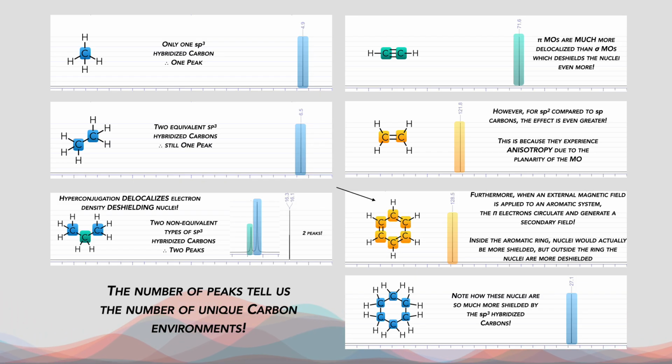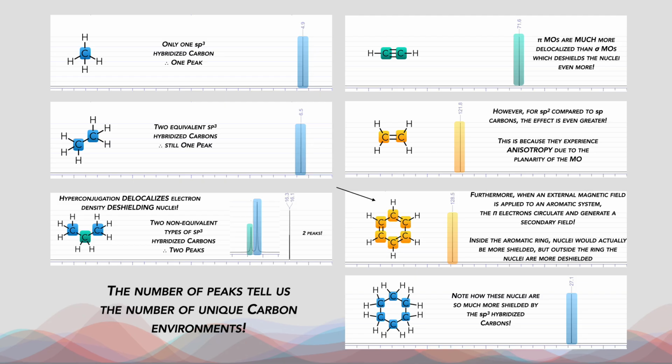Notice that sp carbons appear further downfield than sp3 carbons. The electron density associated with pi systems is more delocalized than in purely sigma bonded systems and thus alters shielding behavior. For sp2 systems, the effect becomes even greater due to anisotropy associated with planar molecular orbitals.